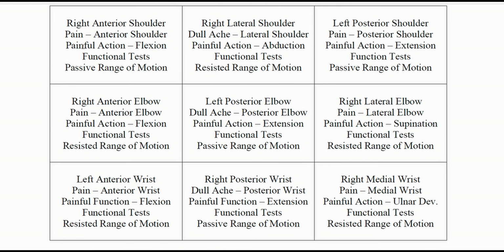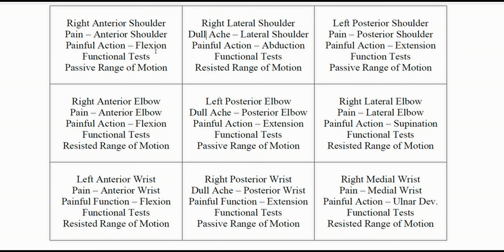If I told you the most painful action is flexion, it already tells you which one is the most painful, which means from protocol you need to be doing this last. So if it's a right anterior shoulder problem, so a right shoulder problem, then you need to start with the left, because that's the protocol: unaffected side first. And your protocol also dictates that you do the most painful motion last.